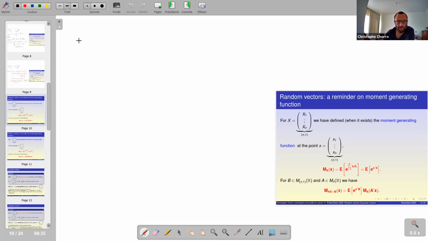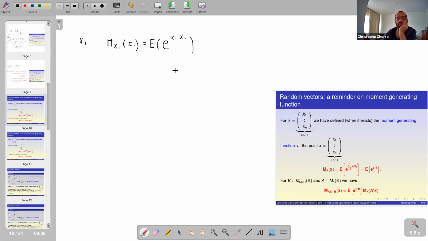Keep in mind that if I have a single random variable, I have defined the moment generating function of X1 at the point, let's say x1, as the expectation of exponential of x1 X1.